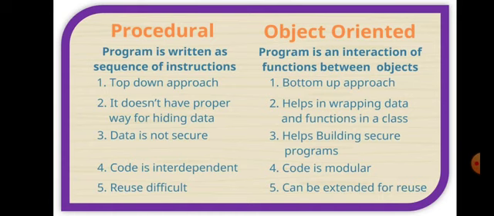Number two, helps in wrapping data and function in a class. The class will have both data and function. Wrapping means putting these two in one place. That is, class will have a data and function in that particular class. Number three, helps building secure programs. Here it ensures the secured environment.